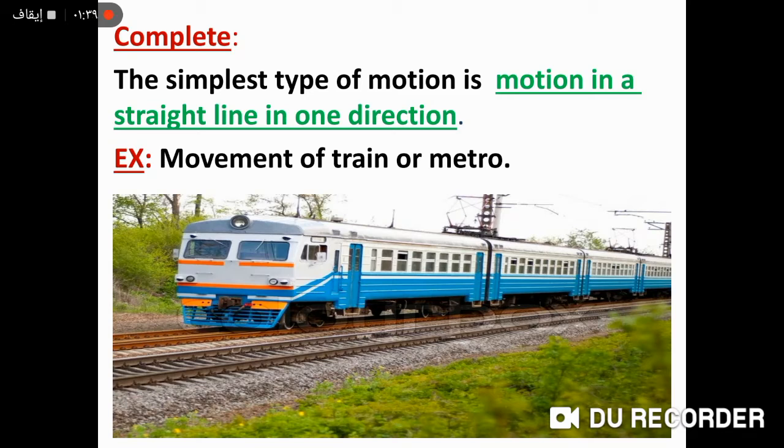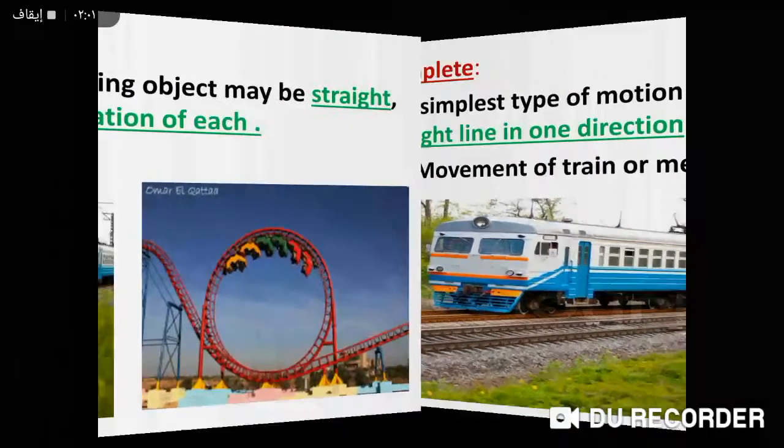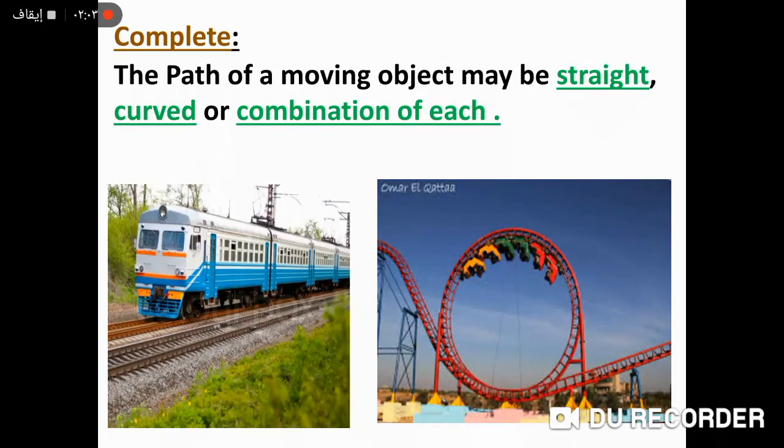Here there is one question. Complete: the simplest type of motion is motion in a straight line in one direction, like the movement of a train or metro.